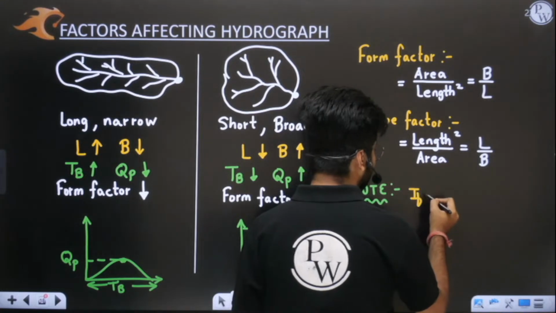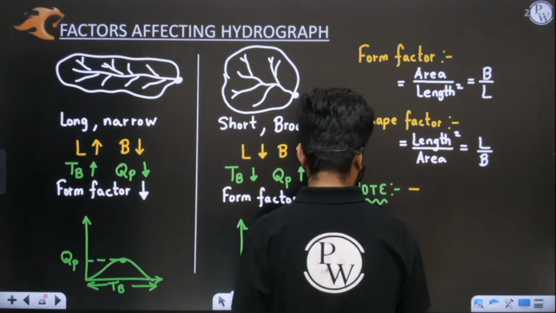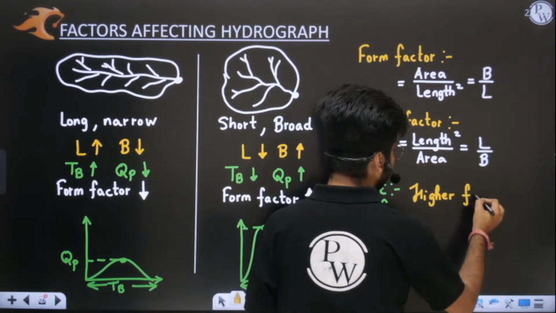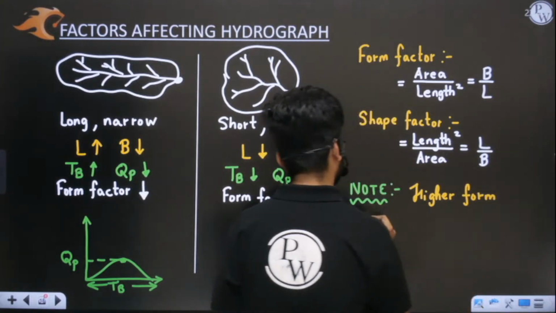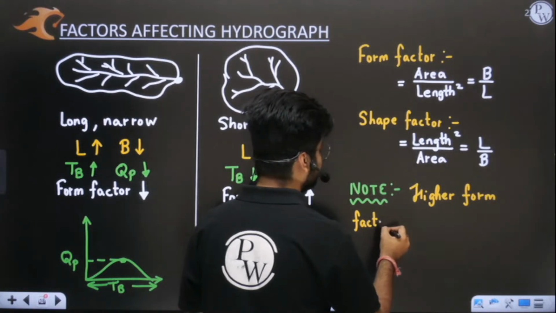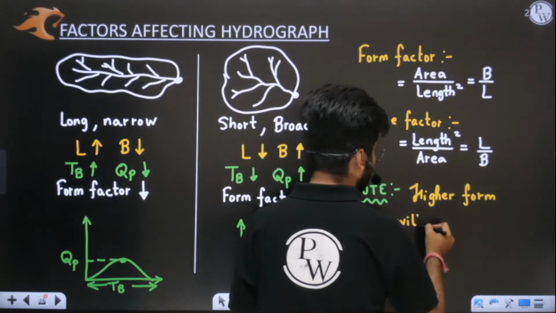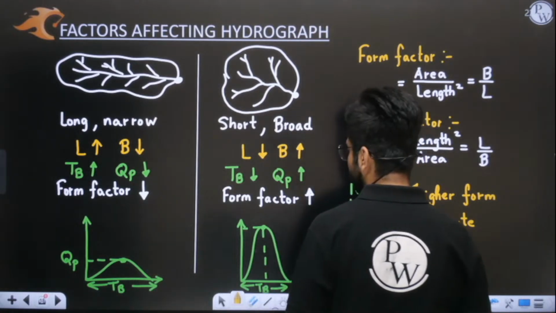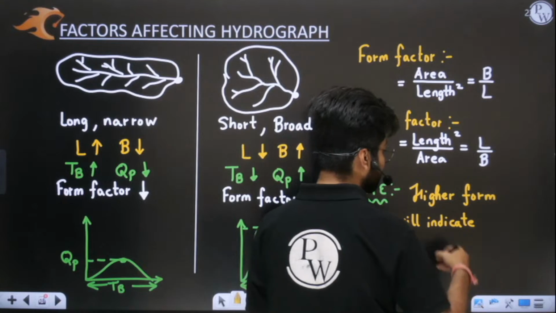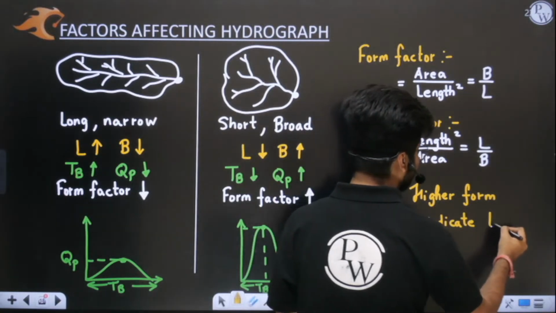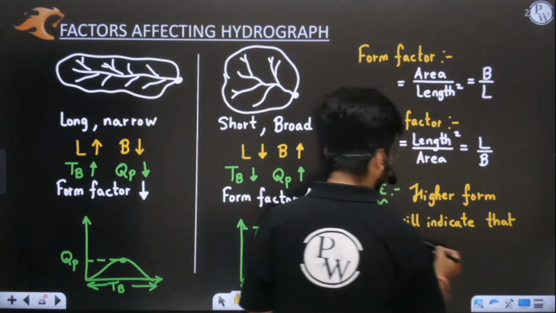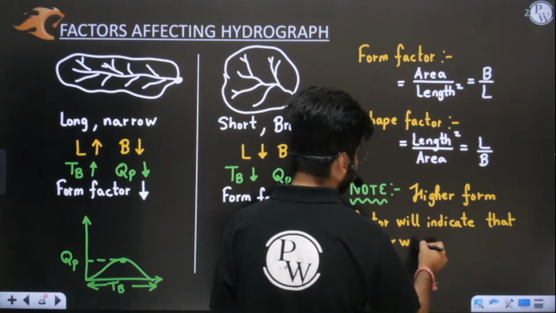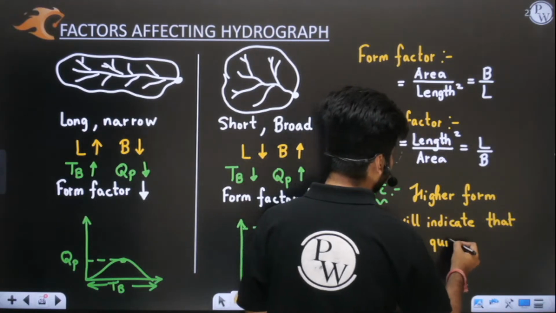If form factor increases, or let us say a higher form factor, will indicate what? A higher form factor will indicate that water will quickly drain off from the catchment.